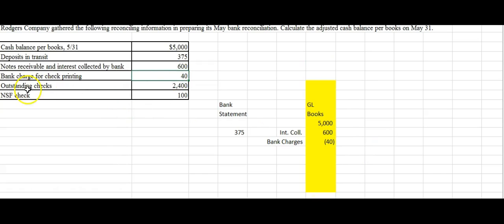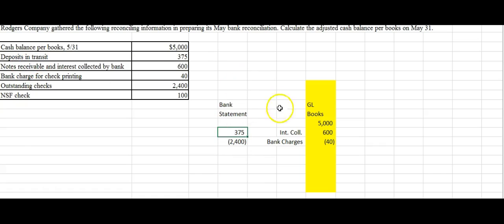Okay, outstanding checks. These are checks that you wrote to a customer. You took them out of your balance, but the customer has not presented it to the bank, so the bank has not taken them out yet. Okay, this would be an adjustment to the bank side, just like deposits in transit are an adjustment to the bank side.